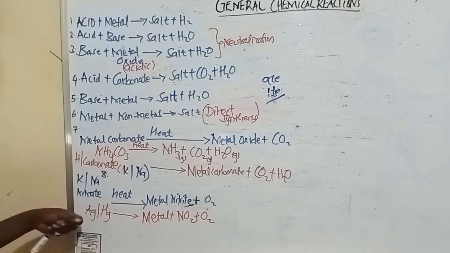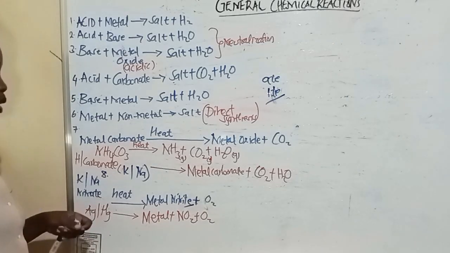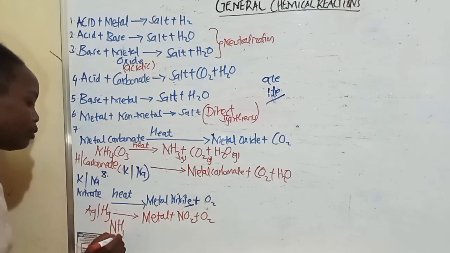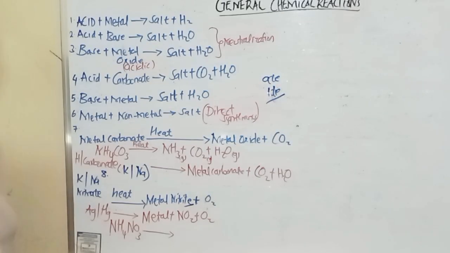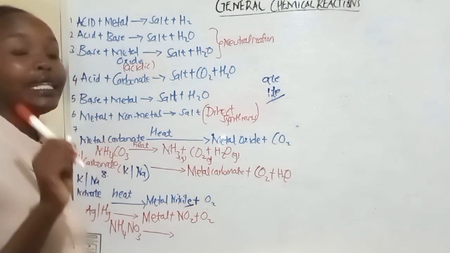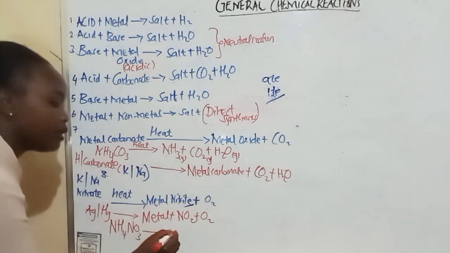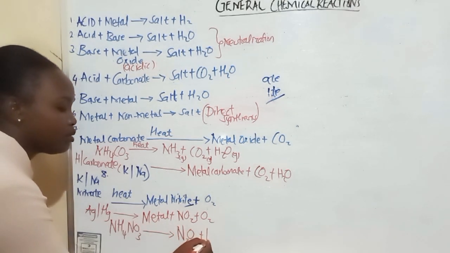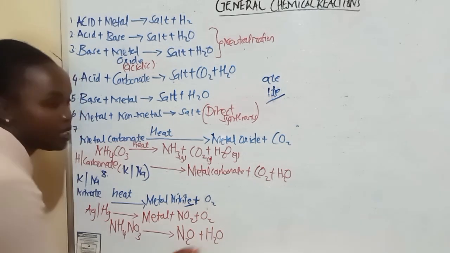Another equation under nitrates is ammonium nitrate. So when you decompose ammonium nitrate, I hope you can see down here, you form nitrogen 1 oxide and water. So we are going to write nitrogen 1 oxide plus water.